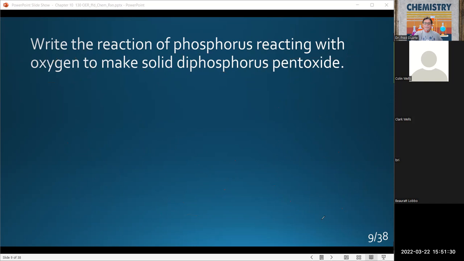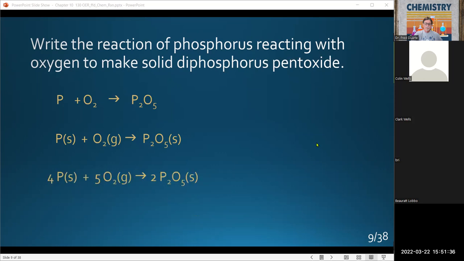So then, there's the formula, the physical states, and now we're balanced. Note the relationship. We've got 4 phosphorus over 5 oxygens, or 5 oxygens over 4 phosphorus.